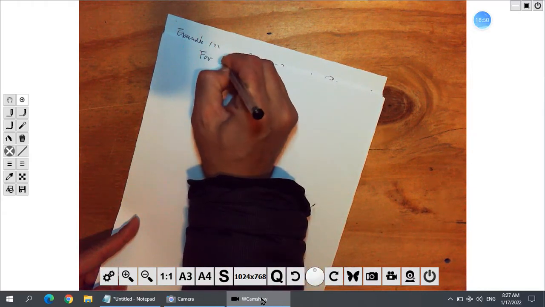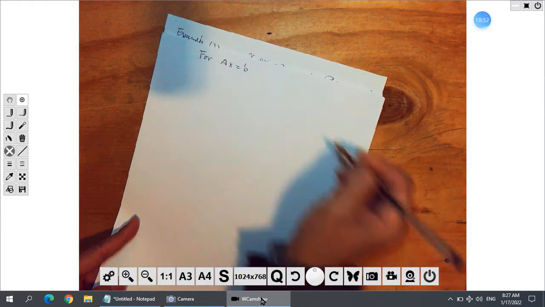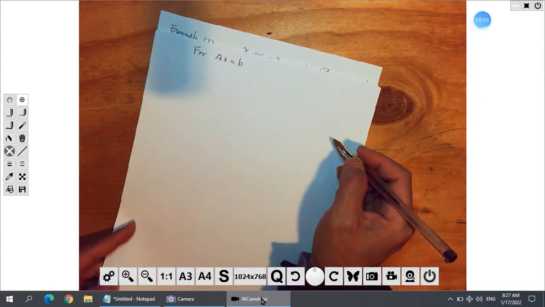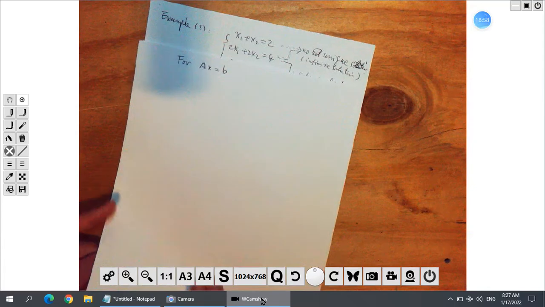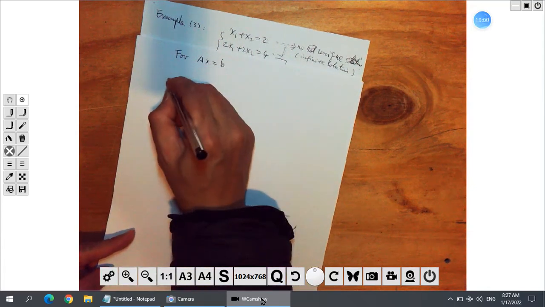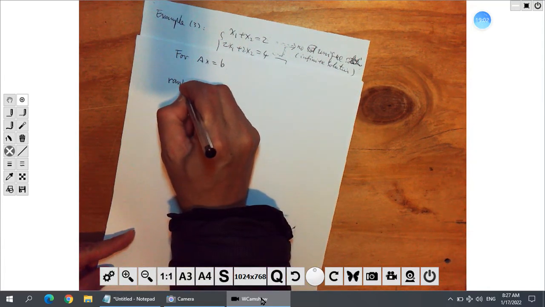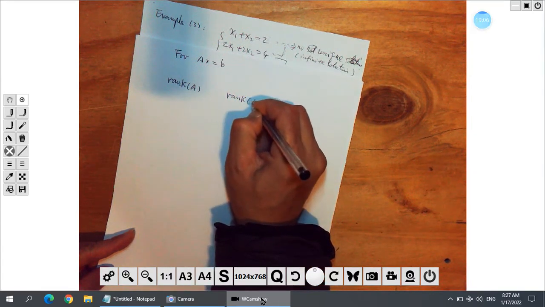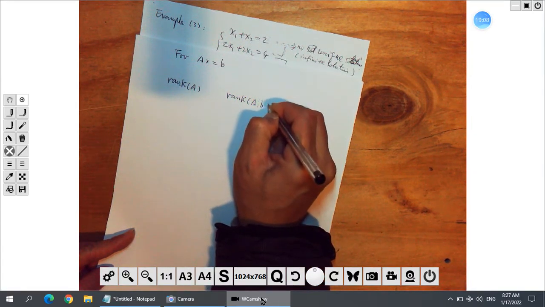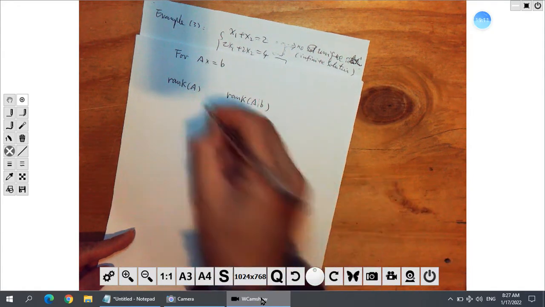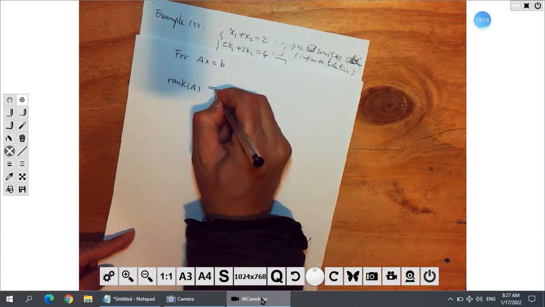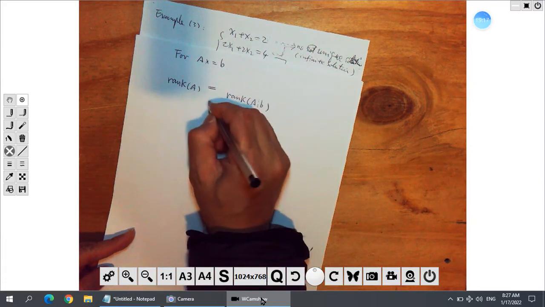For Ax equal to B, for this equation, check the rank of A and the rank of A combined with B. We put A and B together. Maybe they are equal, maybe the rank of A is smaller.